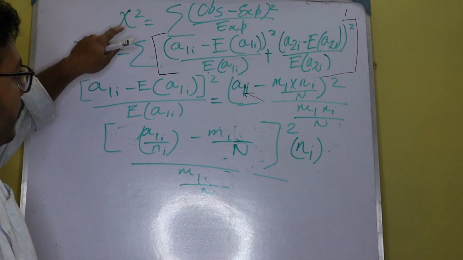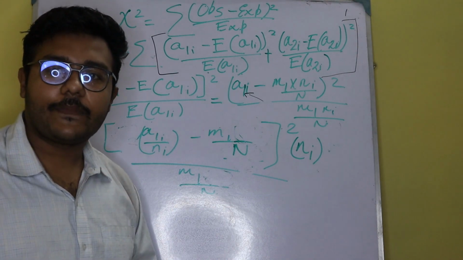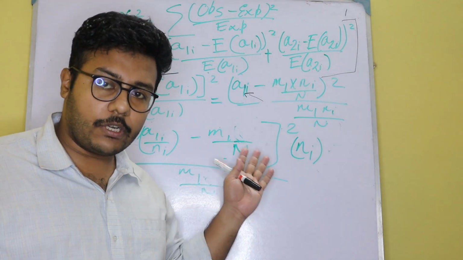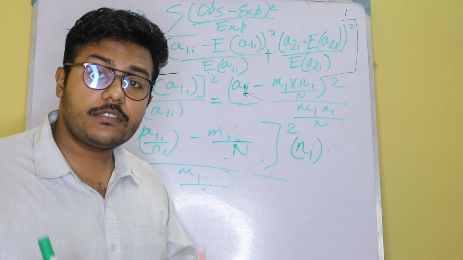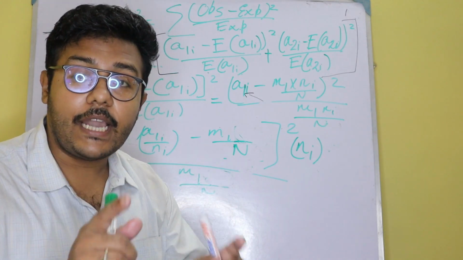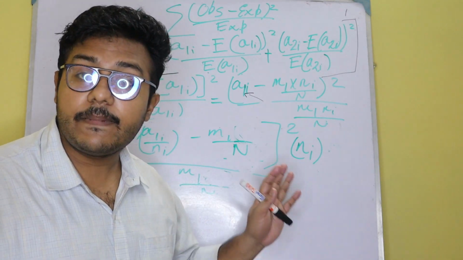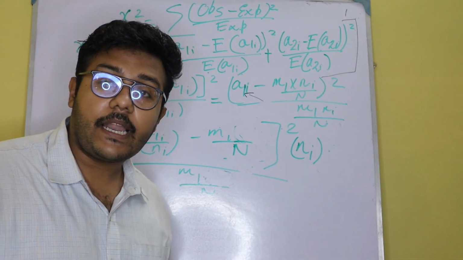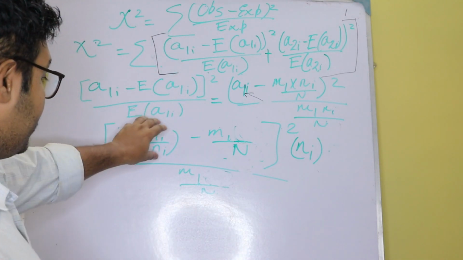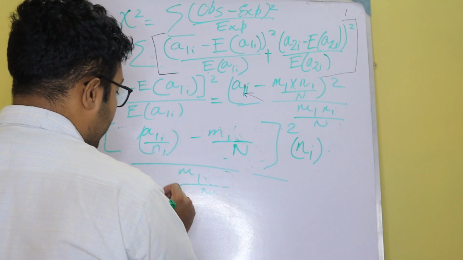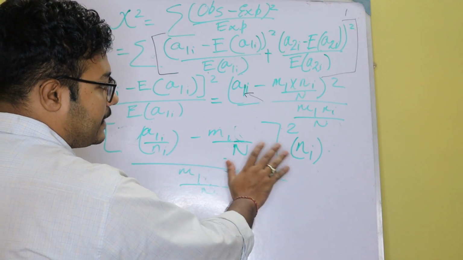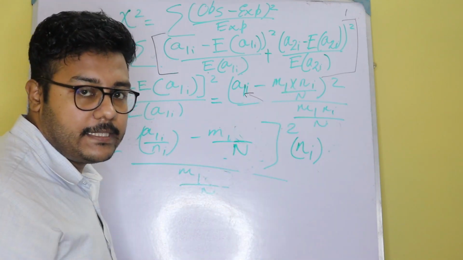Now there was a p. I have already shown you there was a p and q term in the total value of the chi-square test. I also told you that I will explain what is p and what is q. Now the time has come. I will explain this p, and in the later part I will explain q also. Now see, this A of 1i by ni.